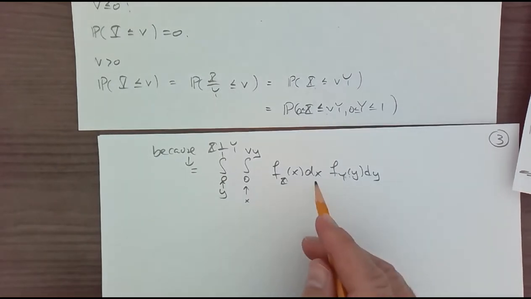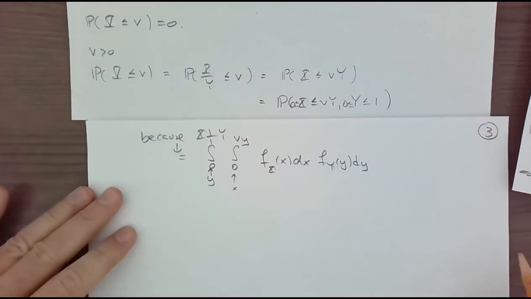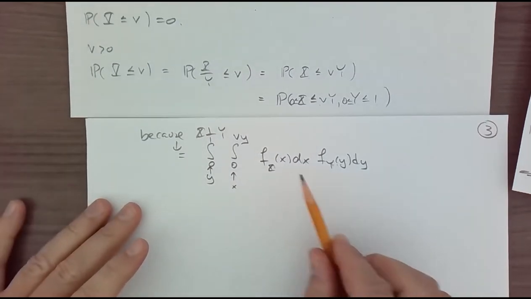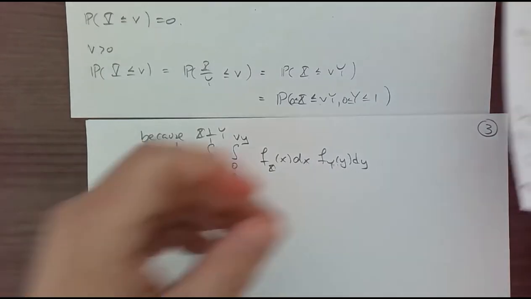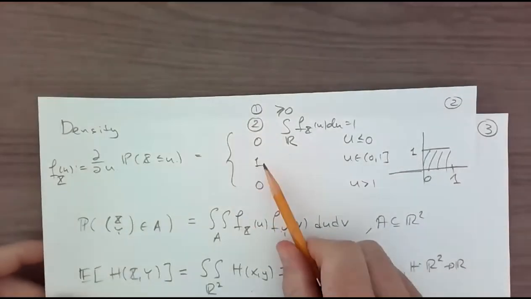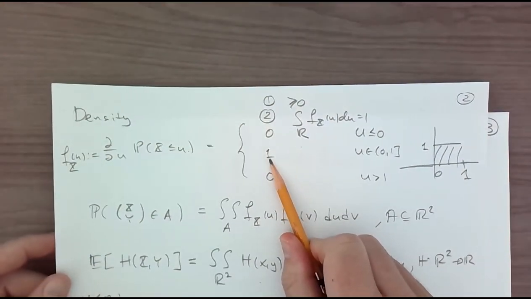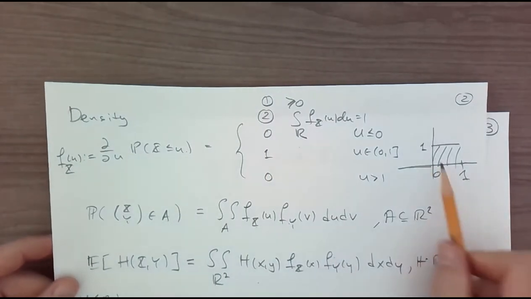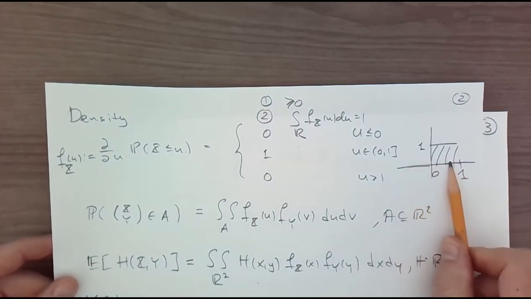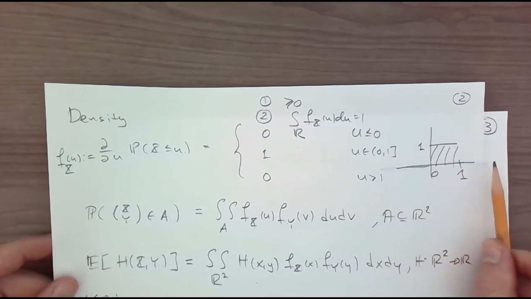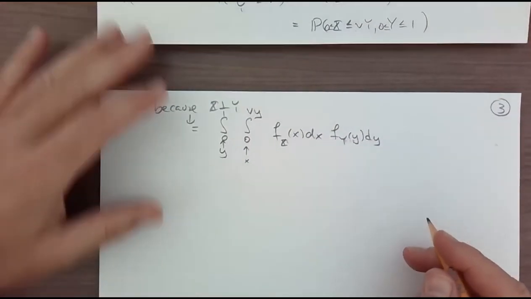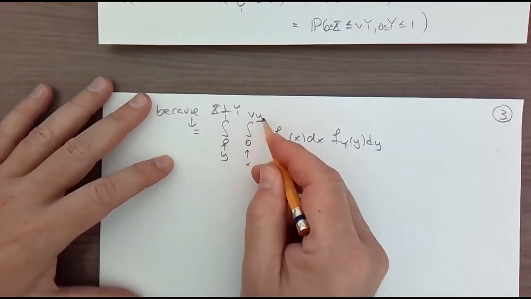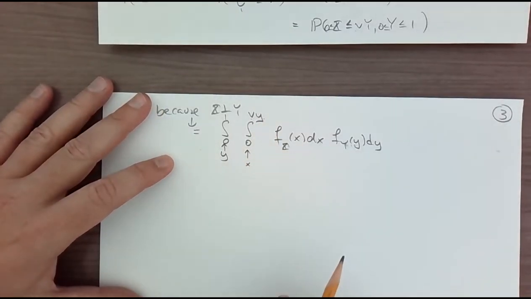So this is just a trick: it's a good idea to leave the densities in for as long as possible. I don't want to start substituting in this 1 too quickly, because keep in mind the density only lives between 0 and 1. Outside it's a 0. So I'm interested in how this vY compares to 1.